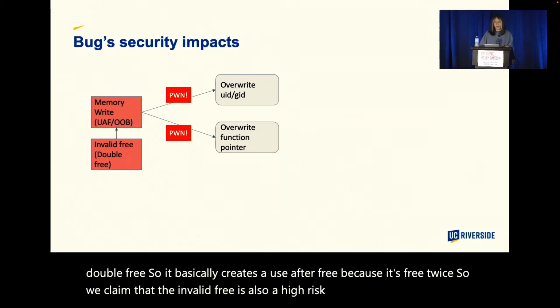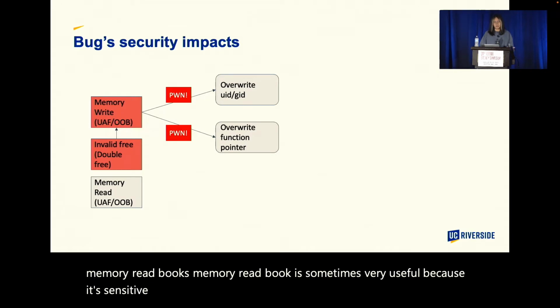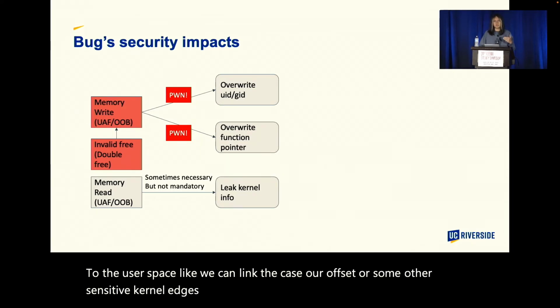Besides that, we have memory read bugs. A memory read bug is sometimes very useful because it leaks sensitive information out of the kernel space to the user space, like the KASLR offset or some other sensitive kernel address. But using just the read capability, we cannot exploit the kernel.